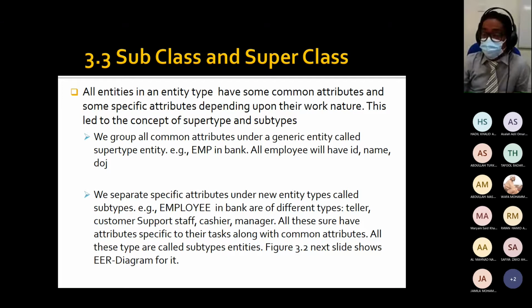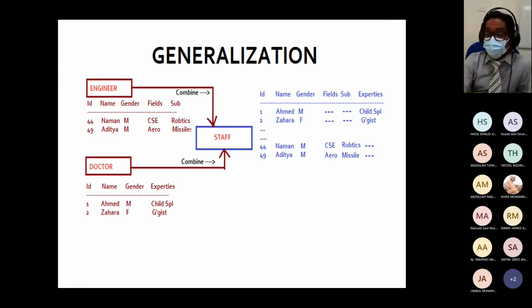This would be an entity type with the rectangular notation, with the name inside following the naming convention of your entity, just like in chapter 2. But some have common attributes and some have specific attributes, depending on their kind of work. Here there will be common attributes of an engineer, and common attributes of a doctor, correct?